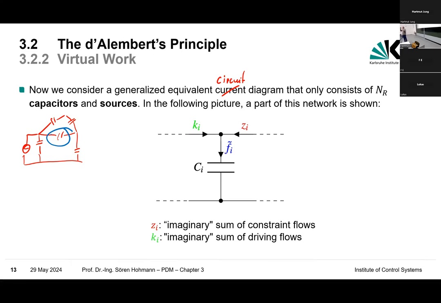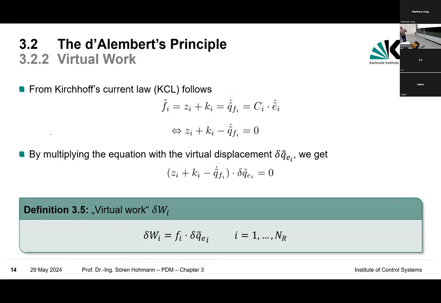So we can virtually describe the flows in two parts, Ki, which are the driving flows, and then imaginary constraint flows, which are just describing the network more. And with that, we can describe the entire thing.